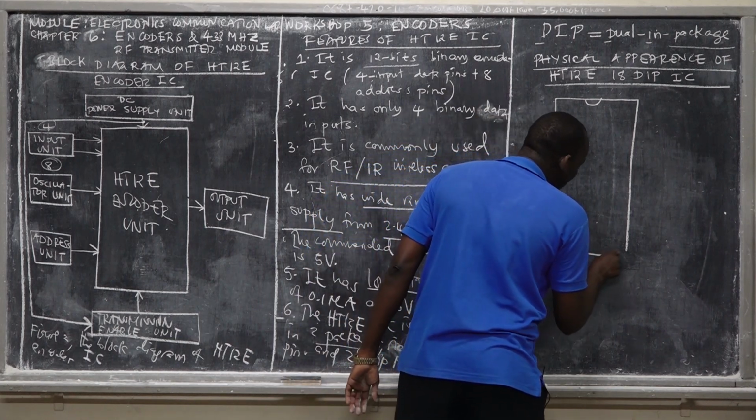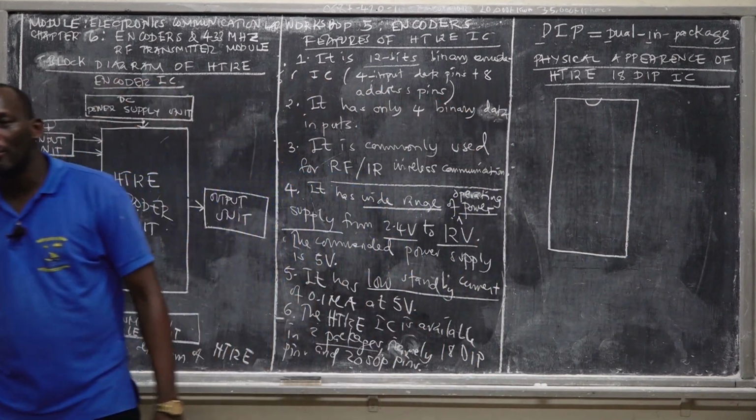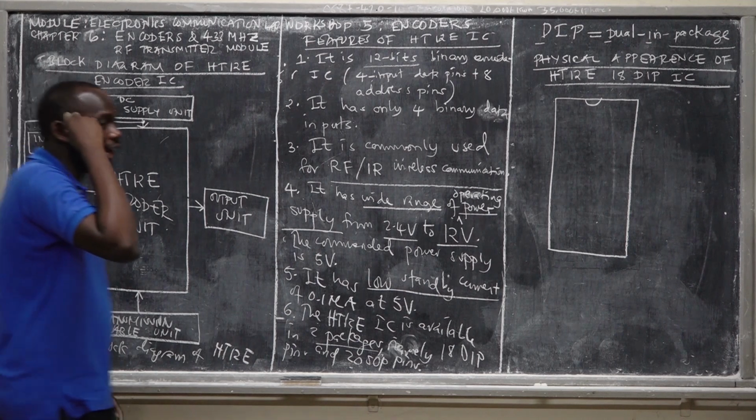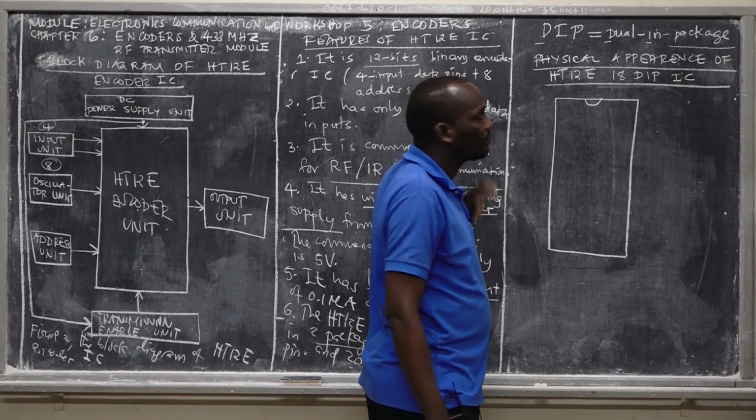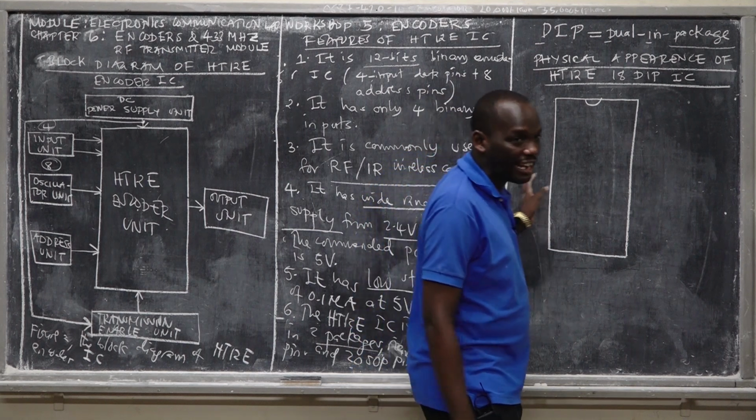So 18 over 2 is 9, isn't it? So on the left-hand side, we expect how many pins? 9 pins. On the right-hand side, we expect how many?